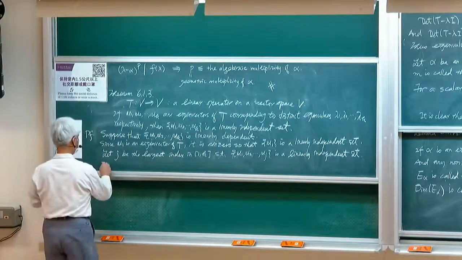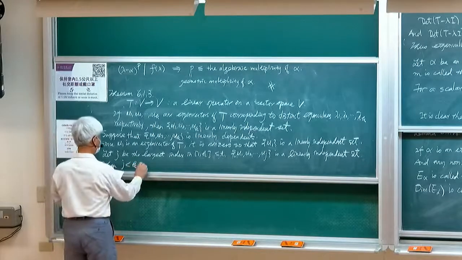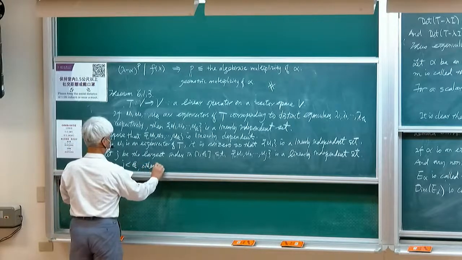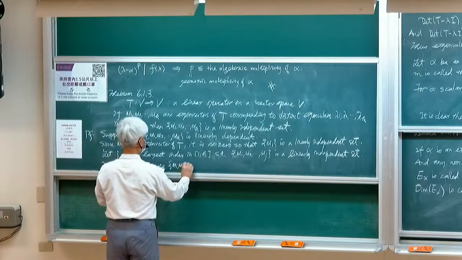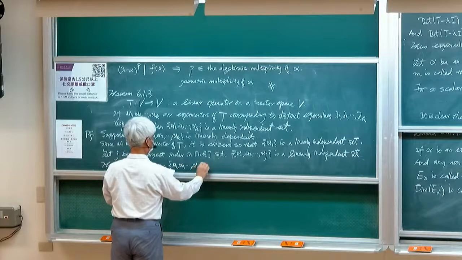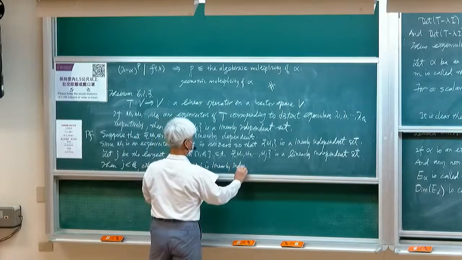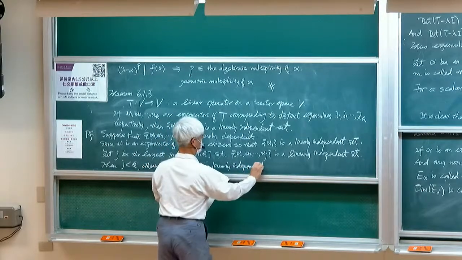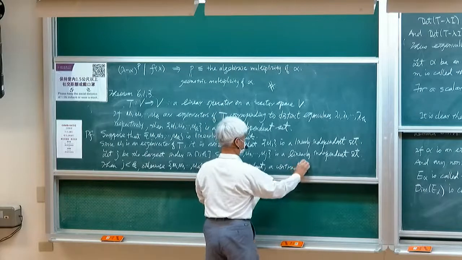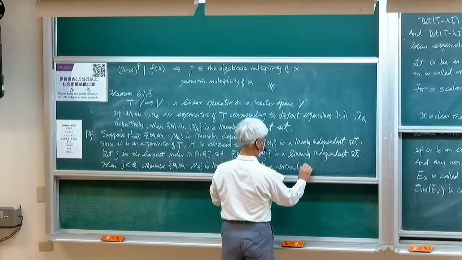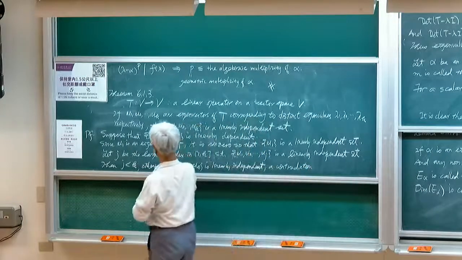Then J must be less than K, right? Otherwise U1, U2 up to UK is linearly independent, which is a contradiction to this assumption.